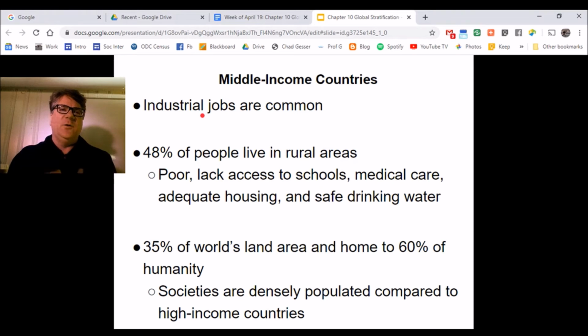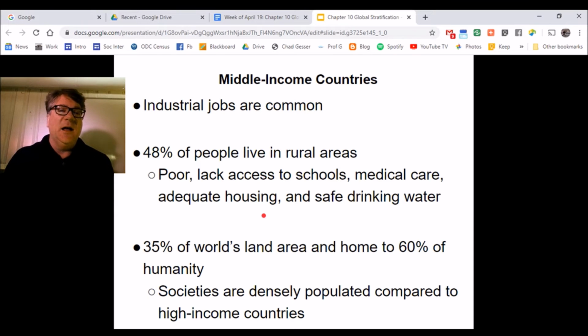So you got to be careful as you think about middle income countries. It doesn't mean that they're almost high income. It means that they have both worlds, so to speak. They have some elements of high income countries and some elements of low income countries, okay? Notice here that the people that live in the rural areas lack access to schools, to medical care, to adequate housing.